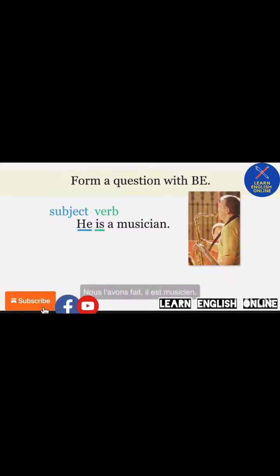And we have he is a musician. To form a question, we just switch or reverse the order of the subject and verb. So he is changes to is he? Is he a musician? Yes, he is.